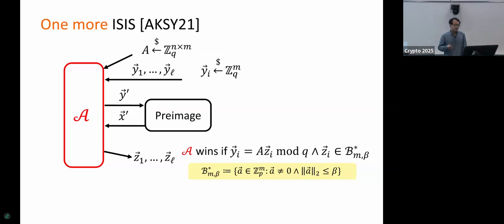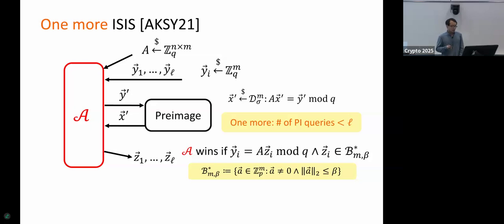In addition, the adversary has access to a pre-image oracle, which takes an arbitrary target vector and outputs a pre-image sampled from this Gaussian distribution. To make this problem non-trivial, we also require that the number of PI queries is less than L. In other words, the adversary has to solve at least one more challenge than the number of PI queries, and hence the name one-more.